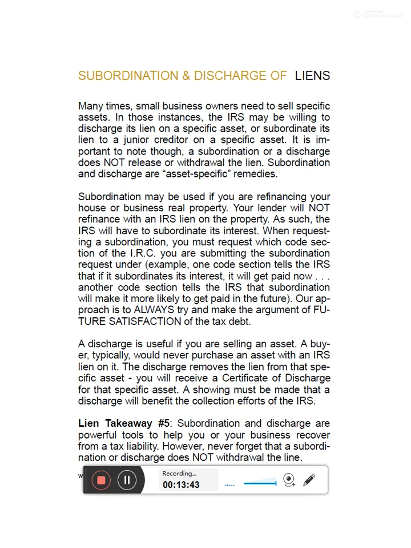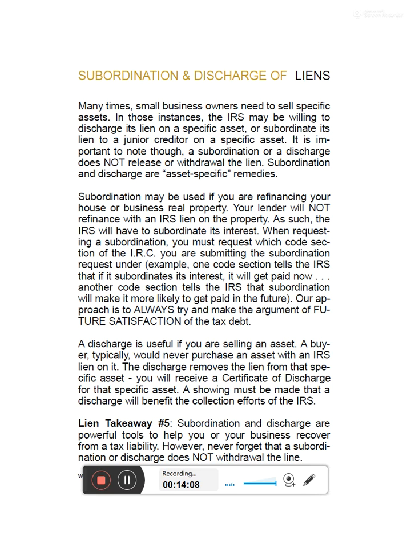The next thing we're going to talk about is subordination. So subordination is where the lien is out there, and this would be the paper lien, and you want to refinance your house or a business asset. The IRS would take a back seat to the mortgage lender as long as they're going to get something out of it. Now that could be immediately or it could be down the road.